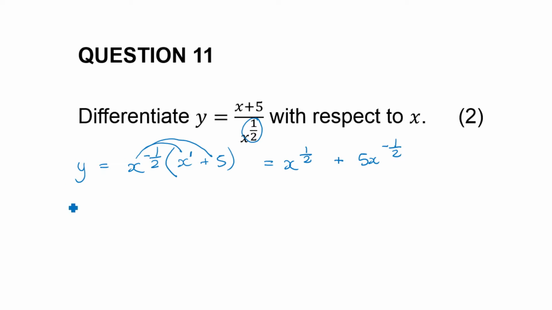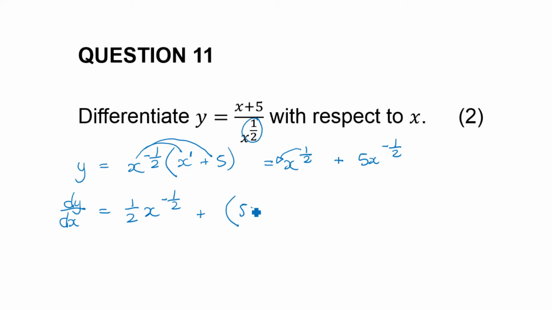We can get the derivatives. So dy over dx is going to be, for the first one over here, a half, x to the power of minus a half. Okay, so this is a half minus 1, which is minus a half. And then we're going to have plus over here. So we multiply this to the front.